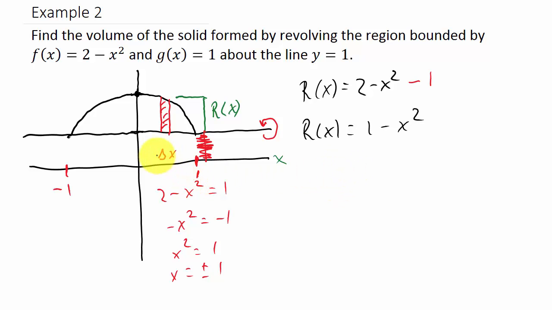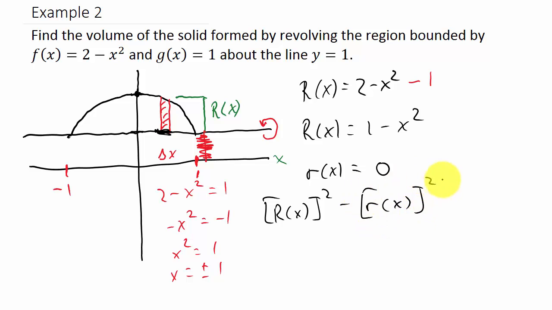Now I need my inner radius, little r. Well, there's the inner radius, and it's right on the line y equals 1. So little r is just equal to 0. So let's see what we get here. We have big R of x squared minus little r of x squared.